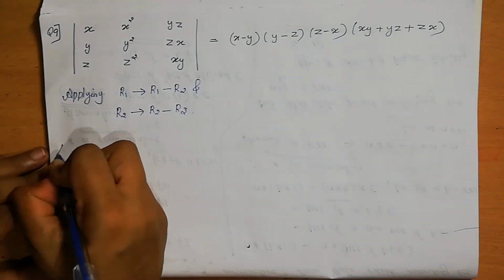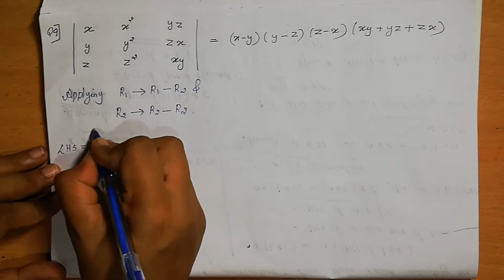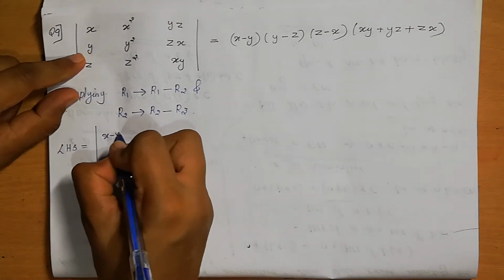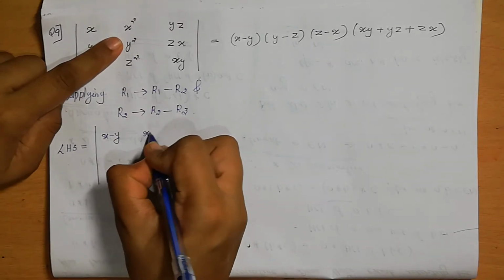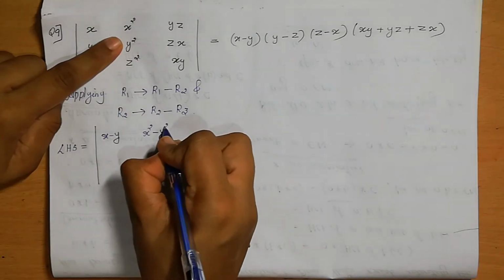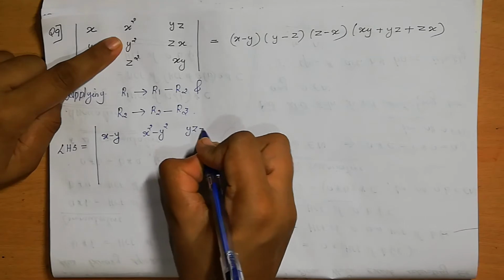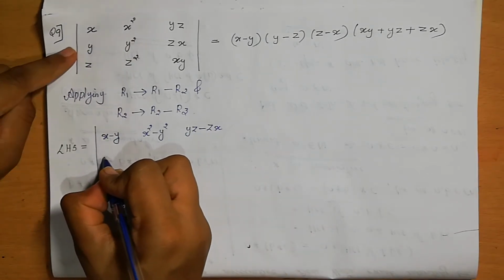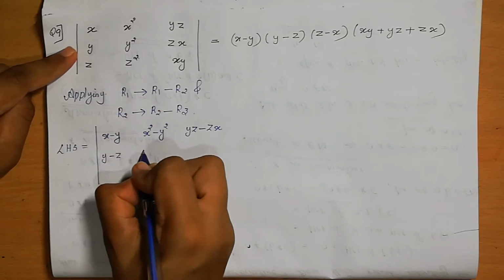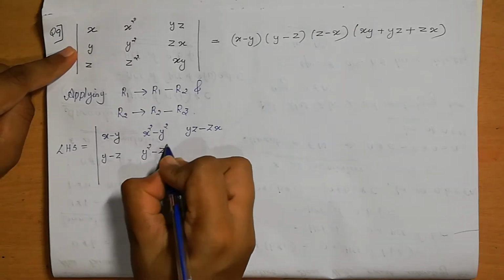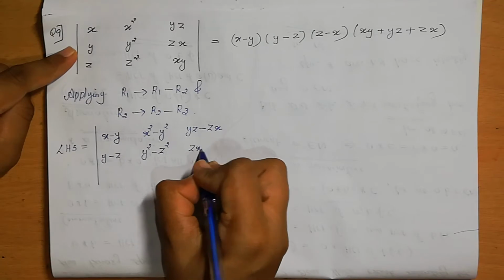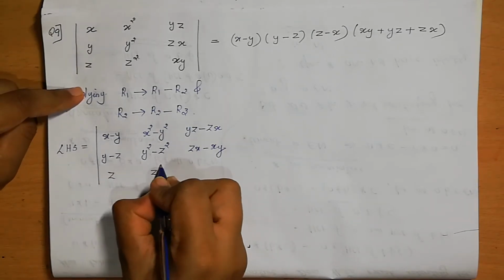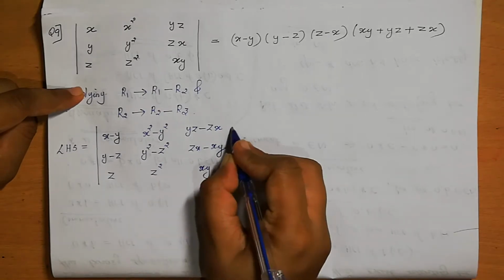So this LHS we can write as LHS equal to R1 minus R2. That means x minus y, x square minus y square, yz minus zx. Next R2 minus R3, y minus z, y square minus z square, zx minus xy, z square xy.